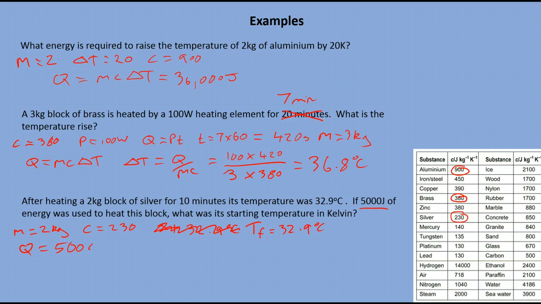Because we're given that, we don't have to worry about the 10 minutes there. So we've got m, c, final temperature, and Q.